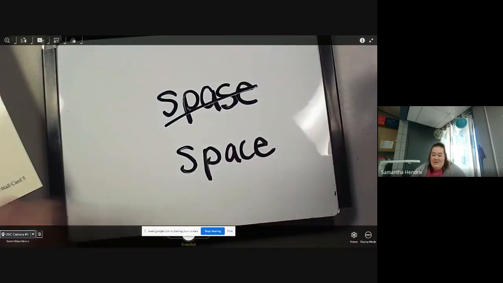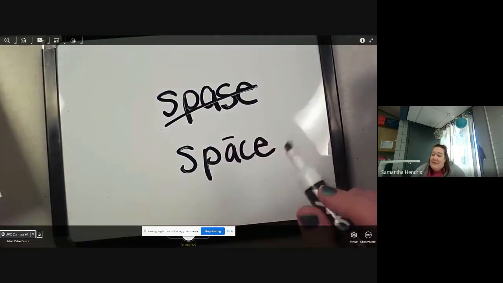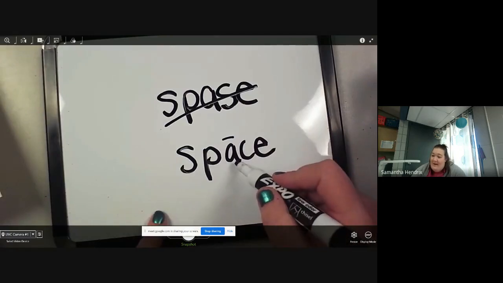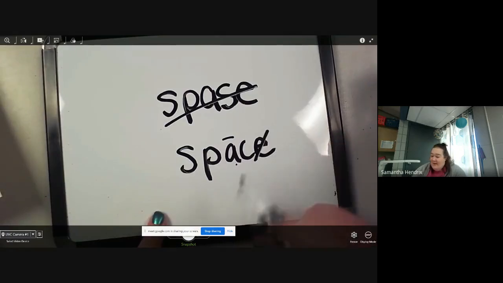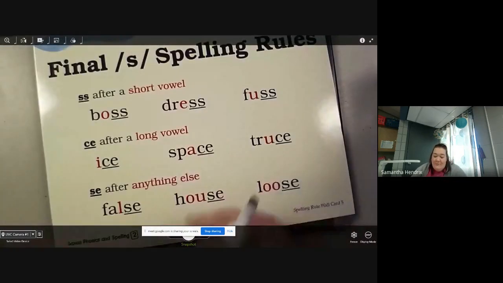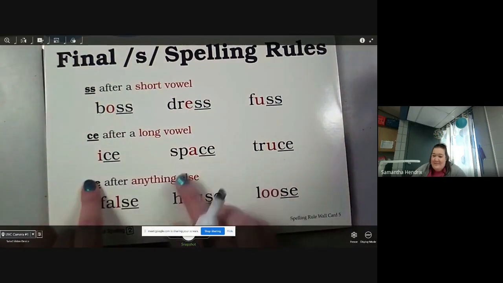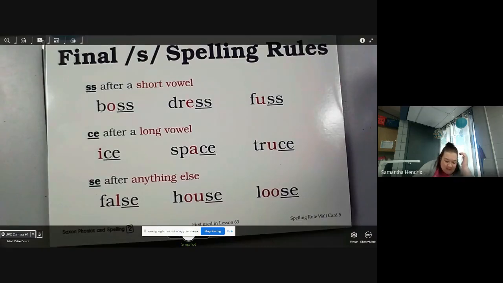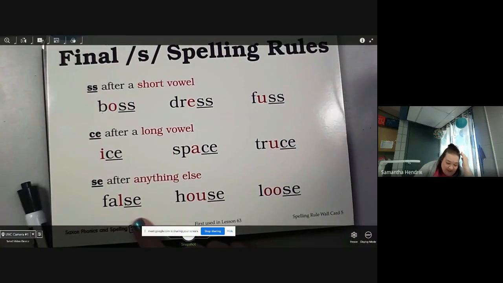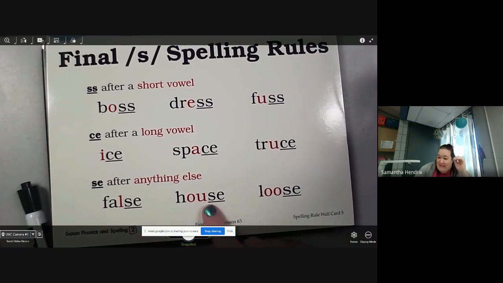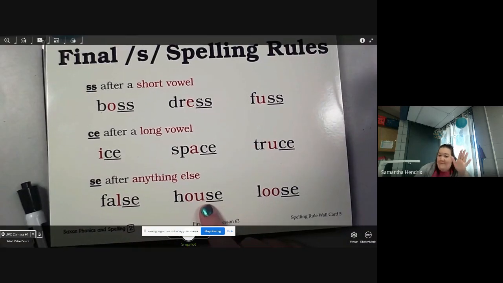Okay? So it's a long vowel. We know it's a long vowel because we have a vowel consonant E. Okay? So we use CE after a long vowel. Ice, space, truce. Okay? The third rule says that when spelling the final sound after a consonant or a vowel digraph, we use SE. Okay?